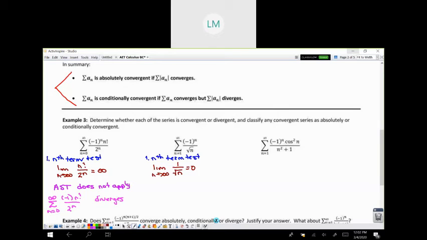So now we're going to look at a sub n plus 1 is less than or equal to a sub n. So we have 1 over the square root of n plus 1 is less than or equal to 1 over the square root of n. And that's true for n greater than or equal to 1. So both of these are true.